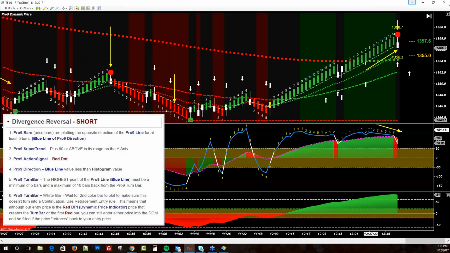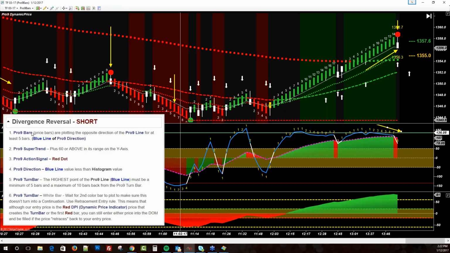You'll often see the blue line cut through on the turn bar. When this cuts through, this number needs to be between 5 and 10. Any number between there is acceptable. The sweet spot is 7 to 8, but any number between 5 and 10 does qualify this trade.